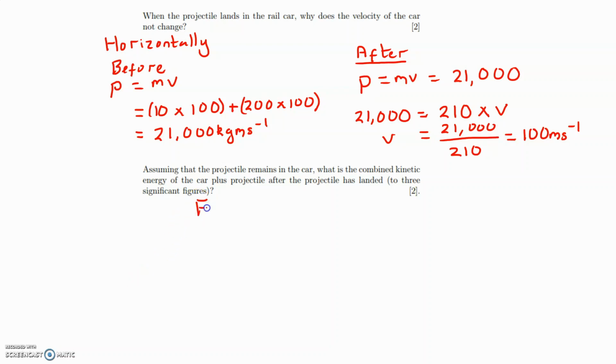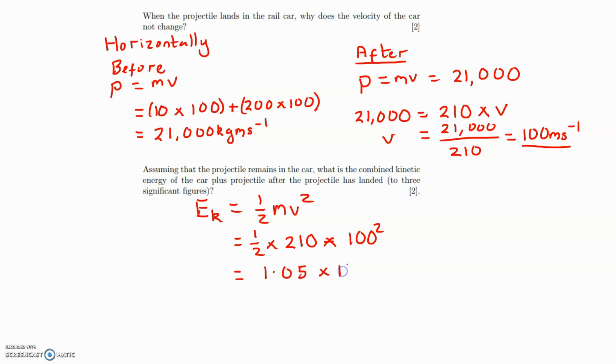So kinetic energy equals half mv squared, and we've got a half times the combined mass, which is 210, mass of the car plus the projectile, times the speed squared, which is 100, which we got from over here, and that, if you calculate that, comes out as 1.05 times 10 to the 6 joules, to three significant figures as the question has asked for.